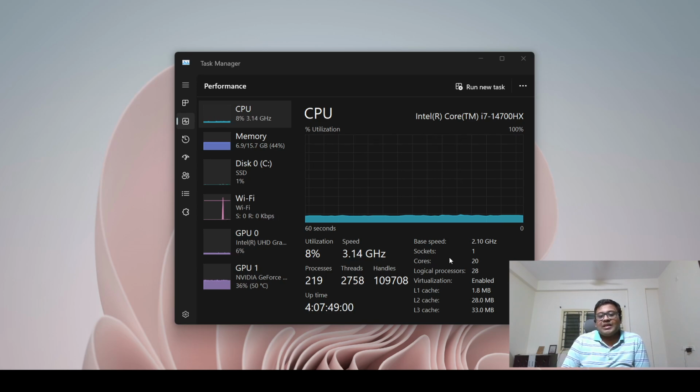Now this machine has only one CPU chip socket. That's why the sockets here is one. It has 20 cores. That means this machine's CPU has 20 cores. In earlier days, we used to have only one core in the CPU, and all the instructions would be performed on that one core.